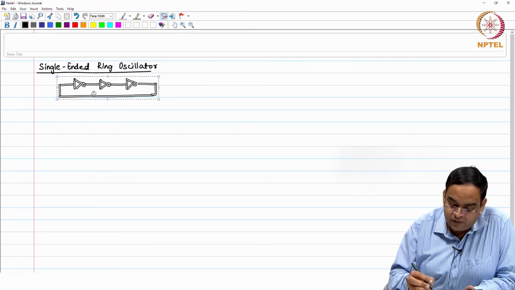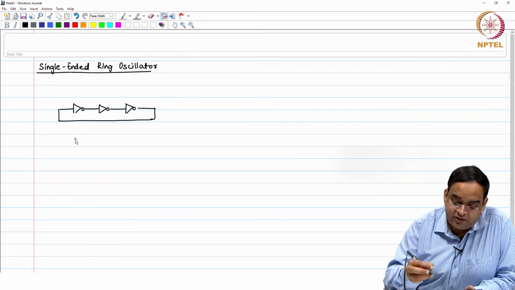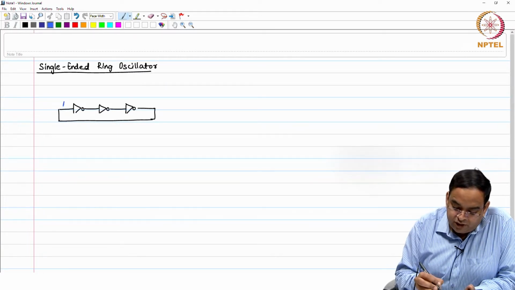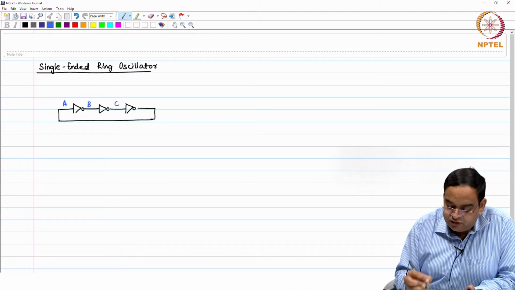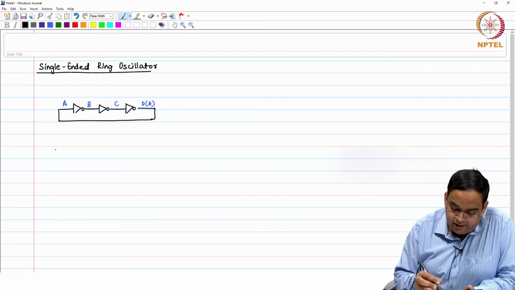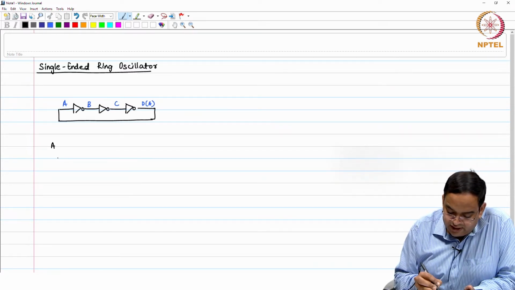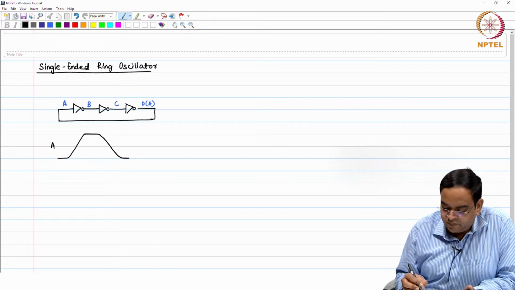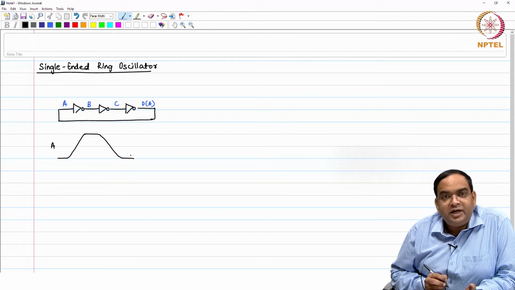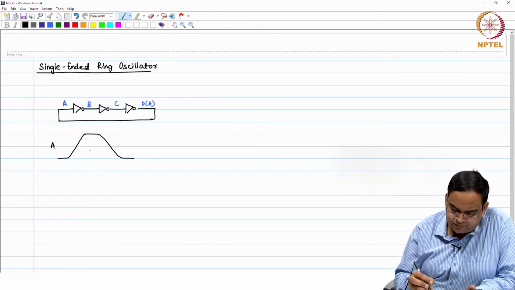Now, the same oscillator, if you look at it, when it oscillates, the waveform which you are going to see at the nodes A, B and C, and the other node is same as A, right. The waveforms which you will see at A and B will be something like this. They can be sinusoid also, close to sinusoid if the frequency is quite high.